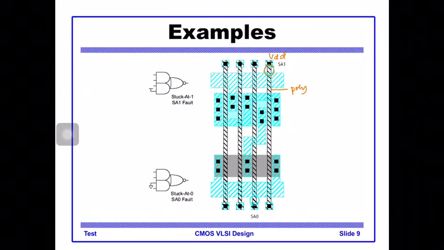So this line is stuck at 1, and this line, so let's say this is A, B, C, D. So D is stuck at 1, and here C, there is a dust here, and makes this line shorted to 0. So C is stuck at 0.